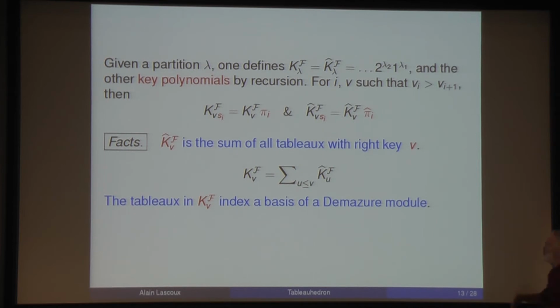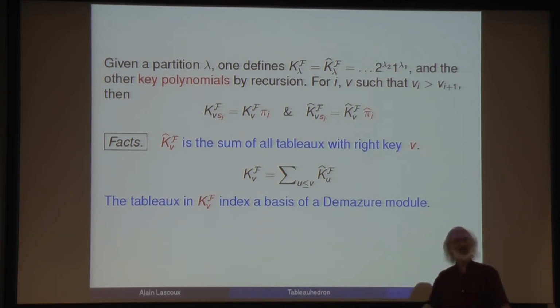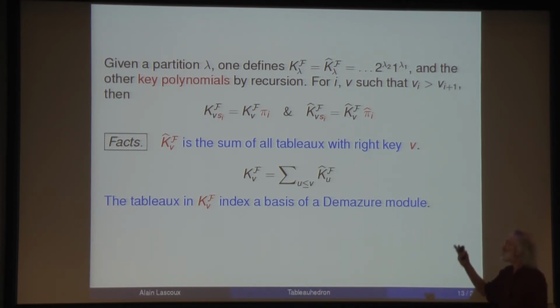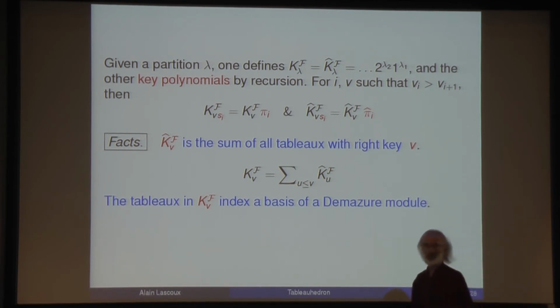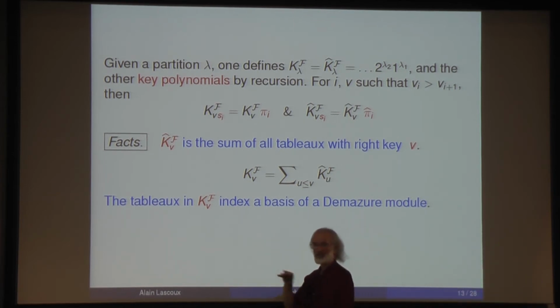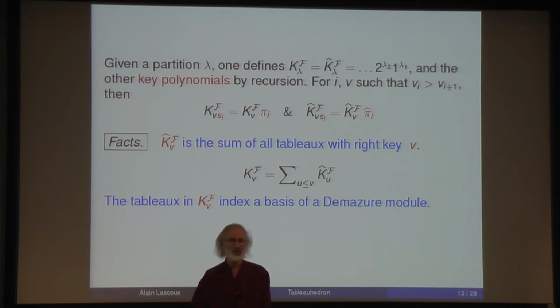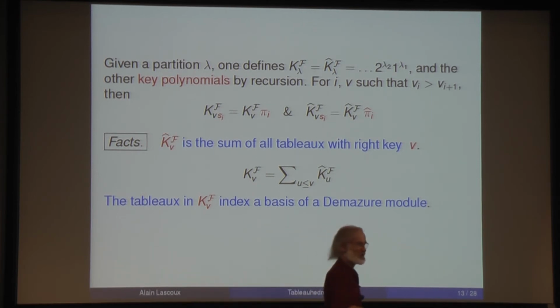So, okay, so I give the definition. The definition is recursive, and it's not clear that it works because you do not have the braid relation, but nevertheless it works. So you are starting with a dominant monomial. They are the same for the 2 families of Demazure characters. So dominant monomial, where the tableau has 1, 1, 1 in the bottom, 2, 2, 2, and so on.